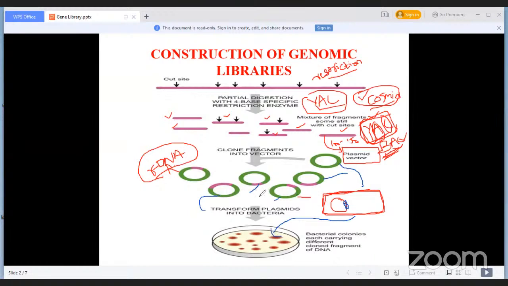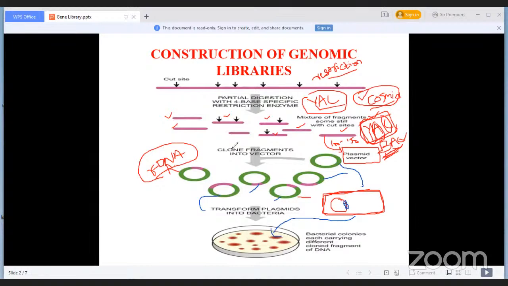After formation, the rDNA is stored inside the bacterial cell. Later, when this bacterial cell is given to the culture media, it automatically increases in number. It undergoes binary fission, sir. Yes, binary fission, and through binary fission it multiplies in number. So this is storage. And like that, the different types of genomes are constructed.